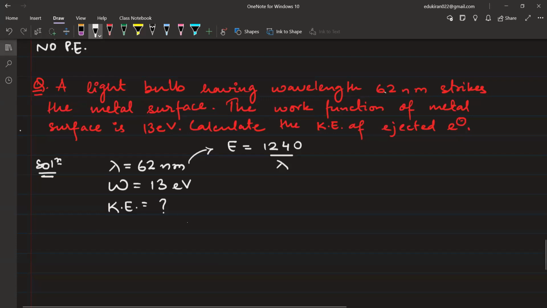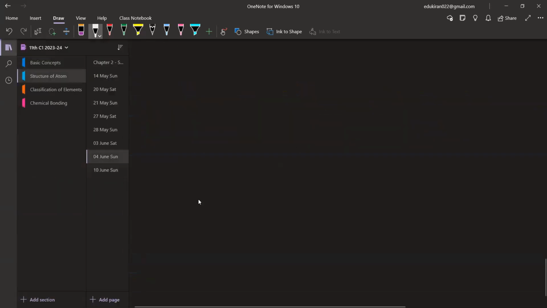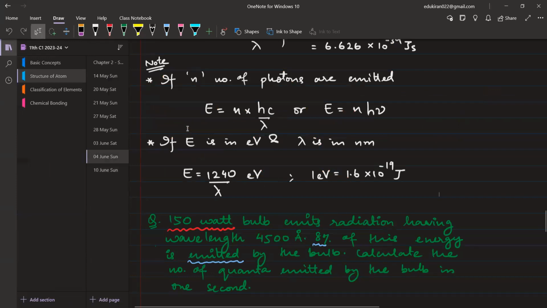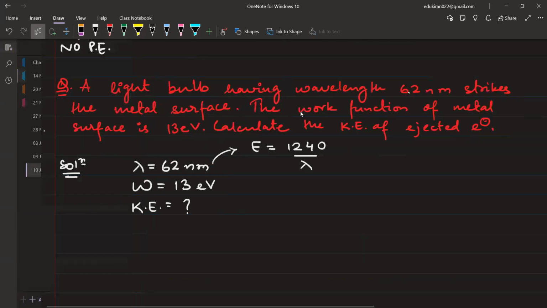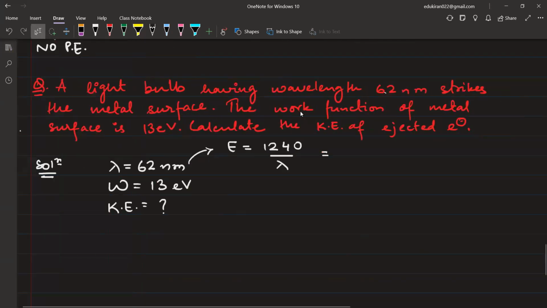Whenever you are writing 1240 divided by lambda, I hope it is written here that E is in electron volt and lambda is in nanometer. Right? Since lambda is given in nanometer, we can directly write this. It will be equal to 1240 divided by 62, and the energy that you are going to get will be in electron volts. This will be equal to how much? Double of 62 is 124, right? So I think this will be 20 electron volts. Correct?